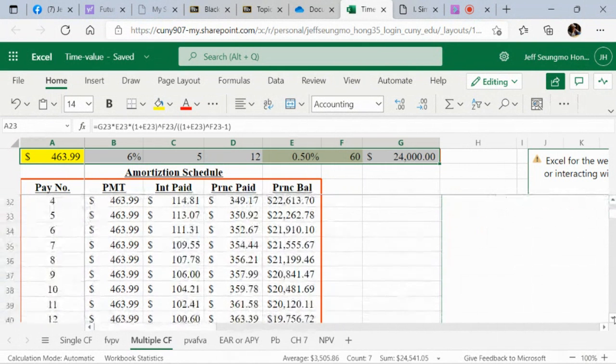And this will be a great asset when you can demonstrate something like this in front of a job interview, that you can build an amortization schedule in a split second, right?